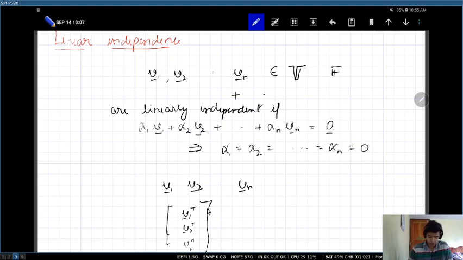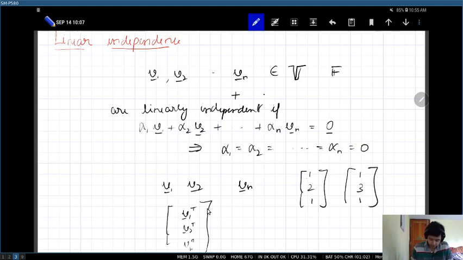So the vectors are linearly dependent if some non-zero linear combination of these vectors gives you the zero vector, right? For example, if you look at 1 2 1 and 1 3 1, these two vectors are linearly independent.